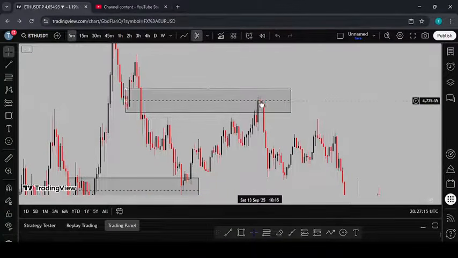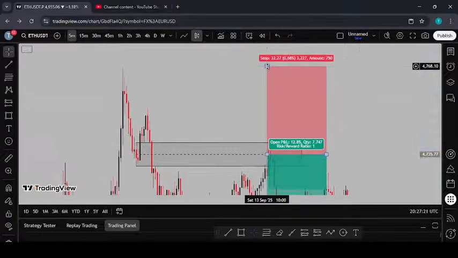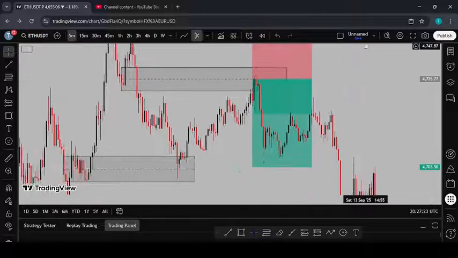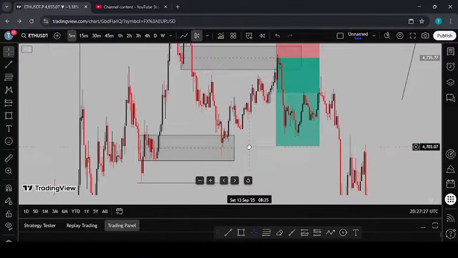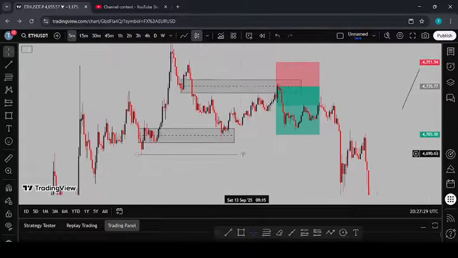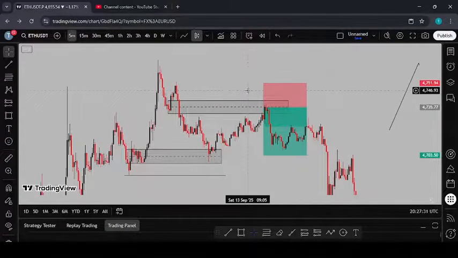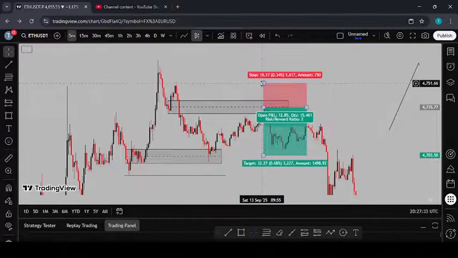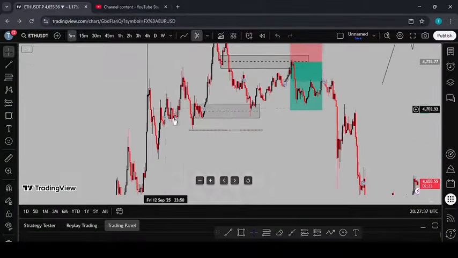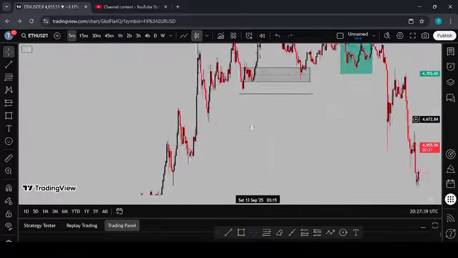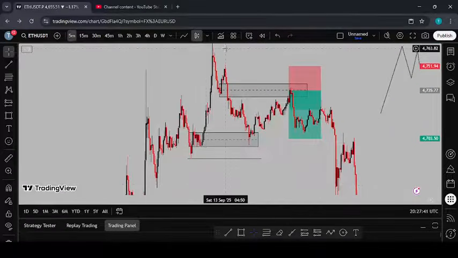Now you can see as price taps. It will be an error to want to sell directly from the 50% level of the imbalance, of course, right? Because the market has tapped into a bullish order block on the 15 minutes time frame, and the market is moving up, right? So to sell here is to sell against the trend, because we have been creating higher lows and higher highs, bullish structure, right?